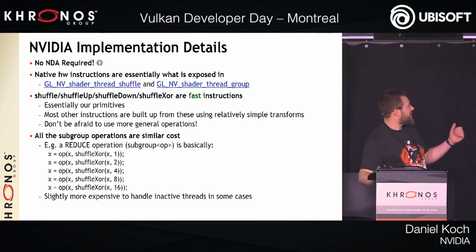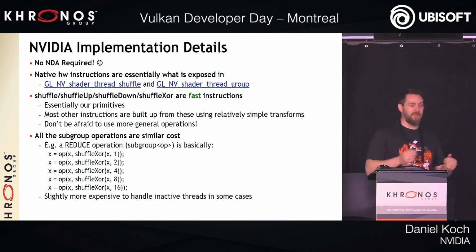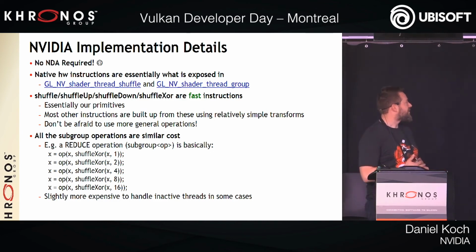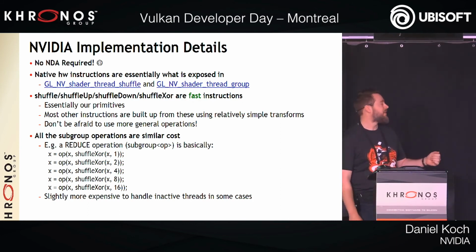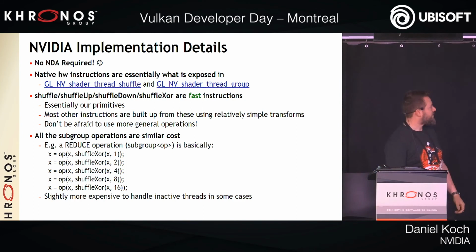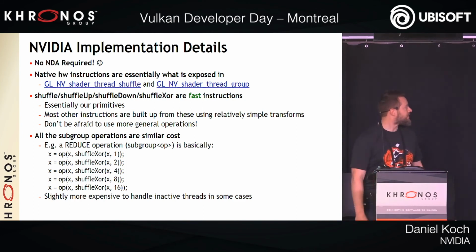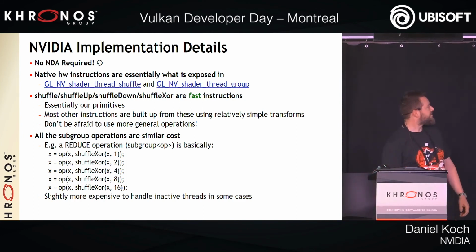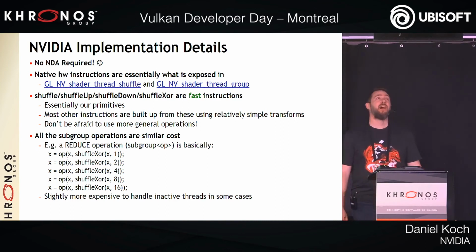So just some general details about NVIDIA subgroup implementations. So not under NDA here. Essentially, our native hardware instructions for subgroups are what's documented in the GL extensions for shader thread group and shader thread shuffle.